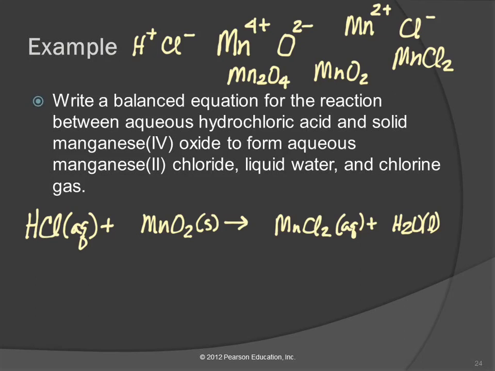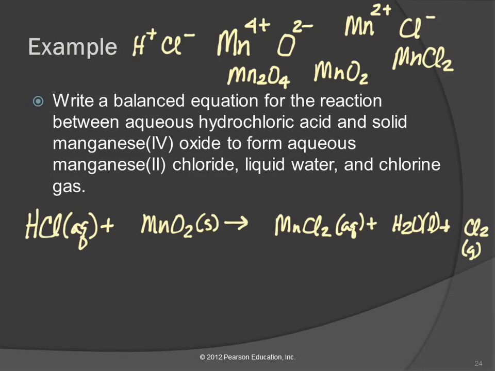Is chlorine a diatomic molecule element? Yes, it is. Cl2. And that's a gas. I ran out of room. Oh, sorry, it's off the screen a little bit there. There's a Cl2 over there. So there are the formulas.